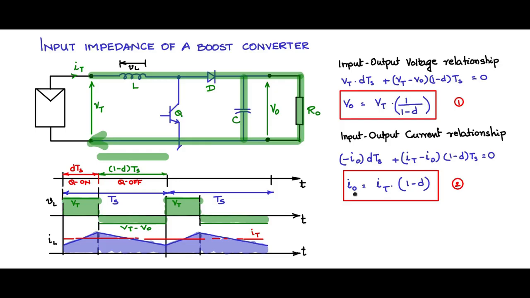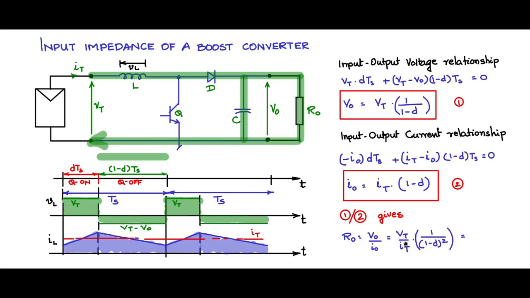If you divide 1 by 2, V naught by I naught, you get the resistance relationship, and that is what we are looking for. V naught by I naught will be R naught, and Vt by It, and 1 by 1 minus d divided by 1 minus d will become 1 by (1 minus d) square.